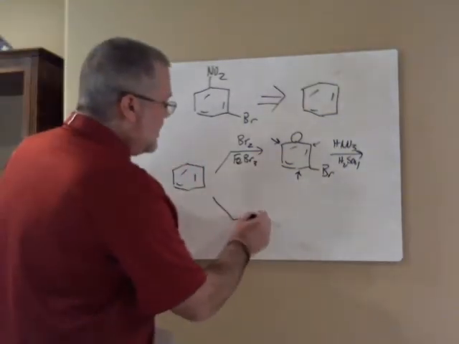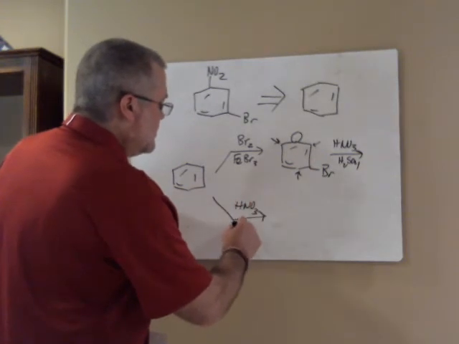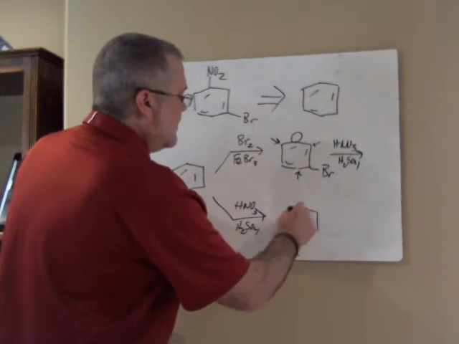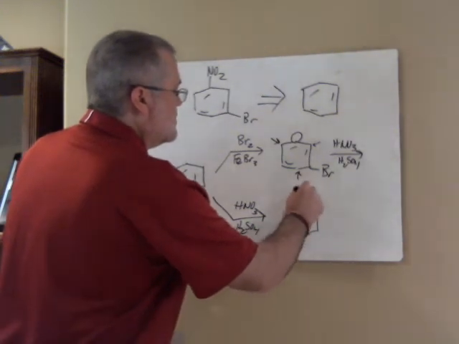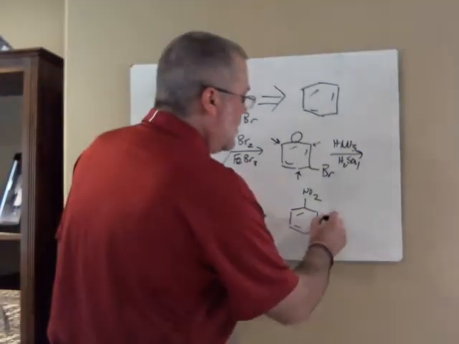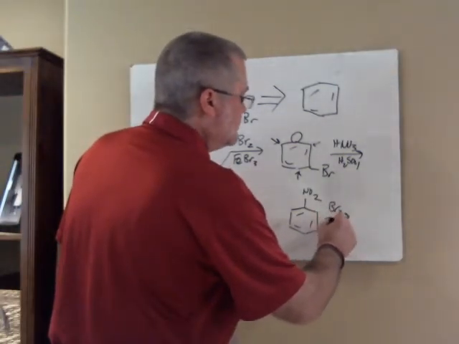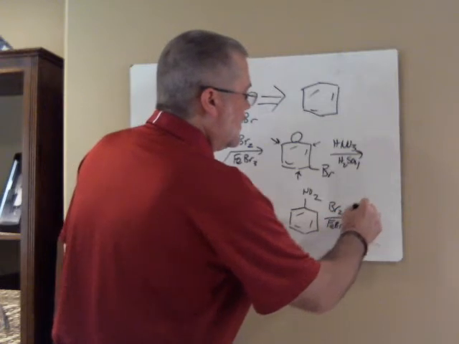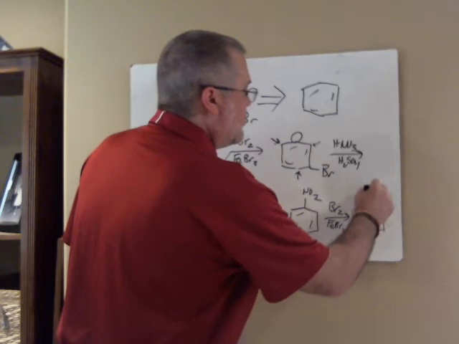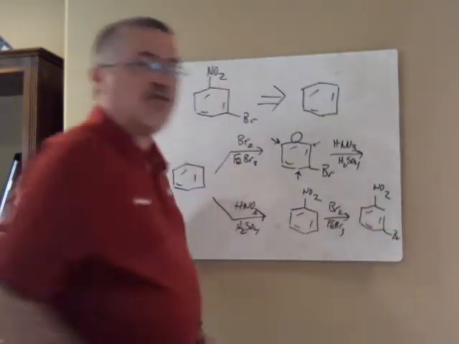But if I added my nitro group first and formed nitrobenzene, then that nitro group, if I followed that up with bromination, that nitro group would in fact direct the substitution to the proper position, and I would end up with the compound I was trying to make.